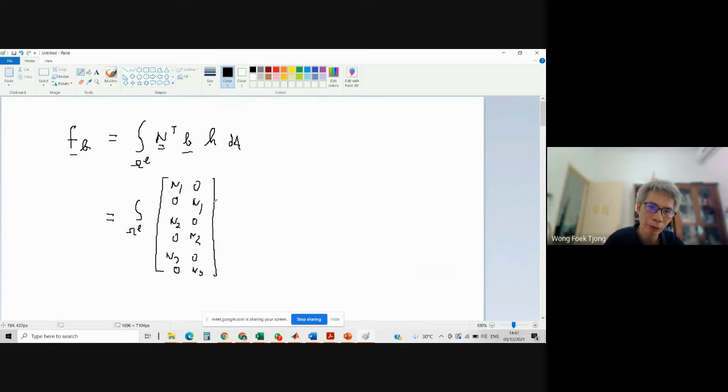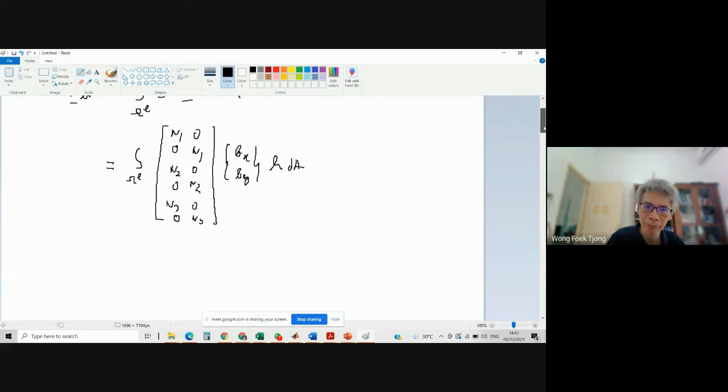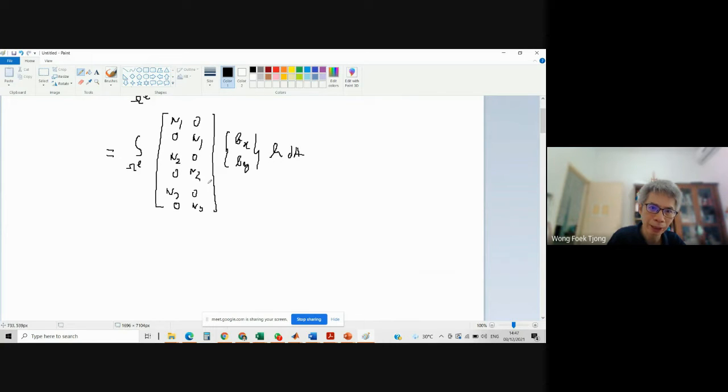And what is body force here? Body force here is the vector, the components of which are bx and by. Okay, the thickness is constant here, dA. So let's multiply this matrix.